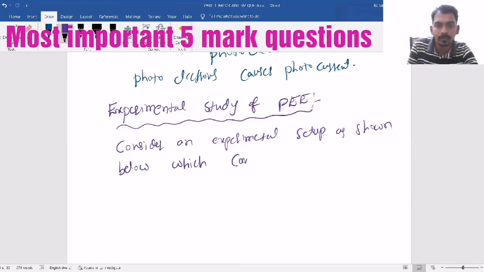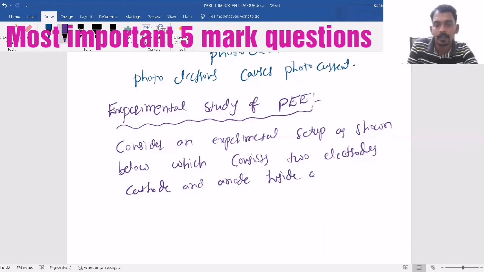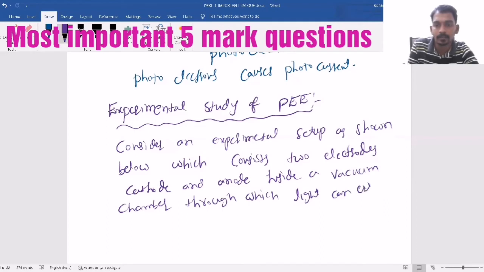which consists of two electrodes, cathode and anode, inside a vacuum chamber through which light can enter.